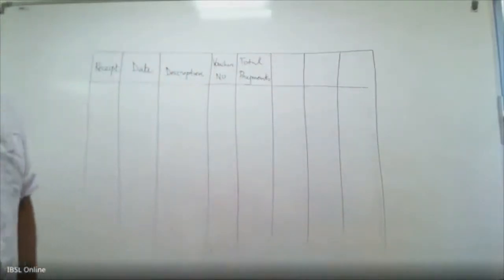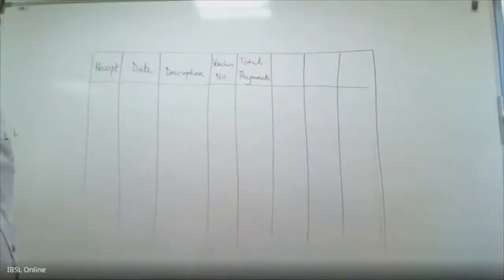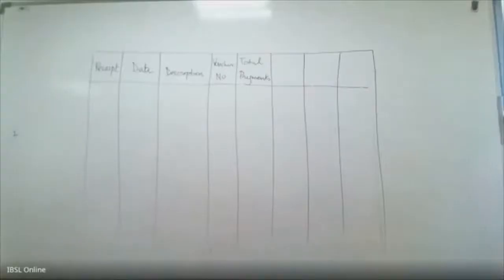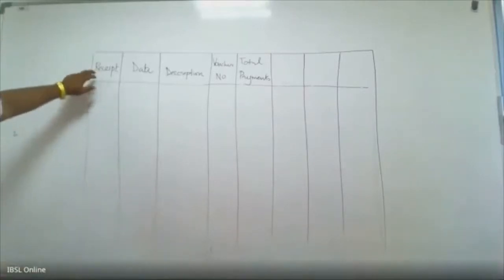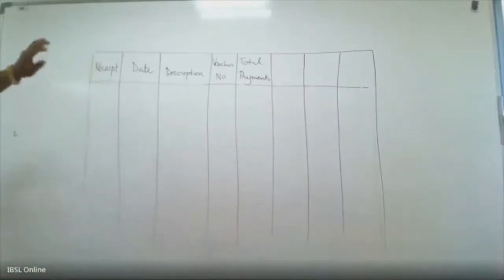Okay, so is the board visible to you all? Yes, sir. Right. I don't know whether the text that I have written is visible to you. So we will have a template like this. Okay, that is how it works.